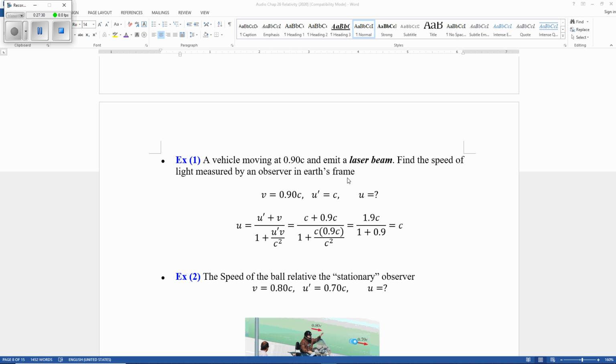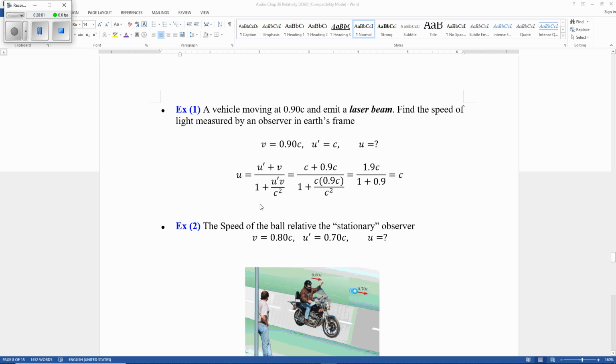So you send the light from a vehicle. What is the speed we measure from the Earth? For this example, v equals 0.9c, the speed of the vehicle. Then u prime equals c, the speed of light from the vehicle. And we want to find u, what we measure from Earth's surface.